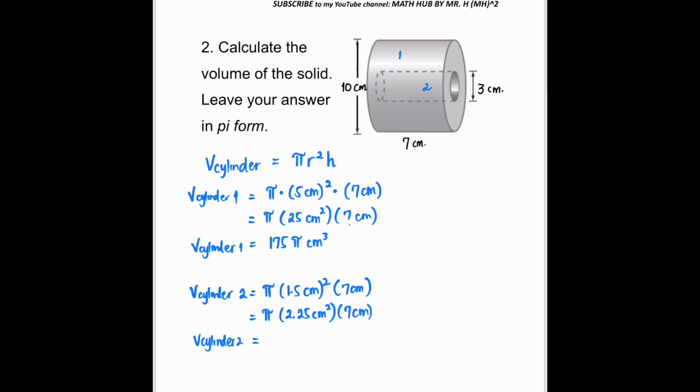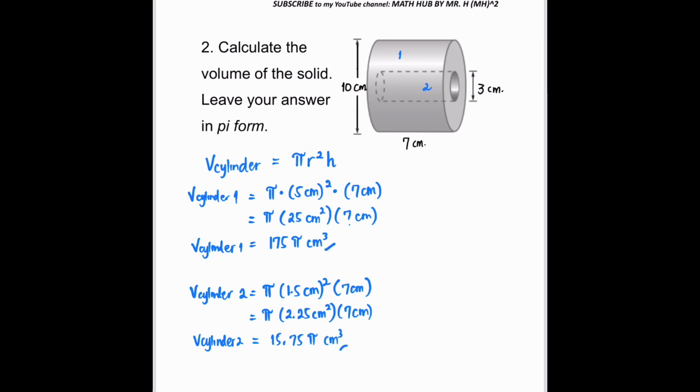And the volume of cylinder 2 will be pi times 2.25 times 7, and the answer is 15.75 pi, don't forget the pi, and then centimeter cubed.